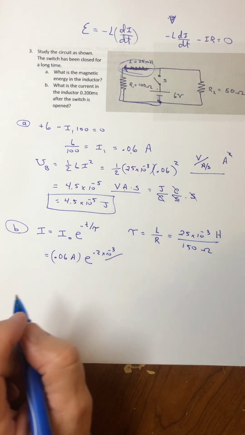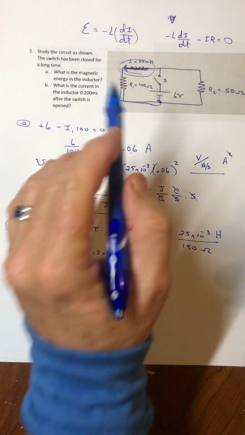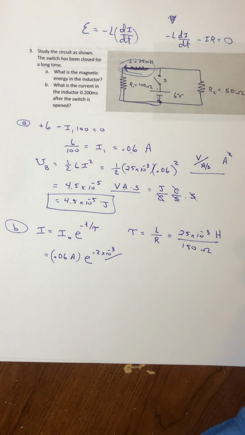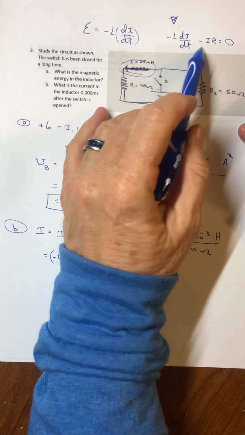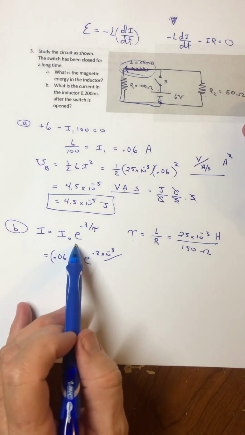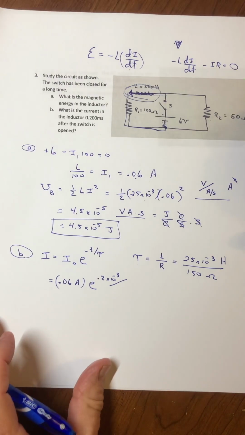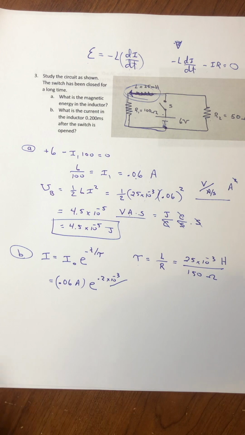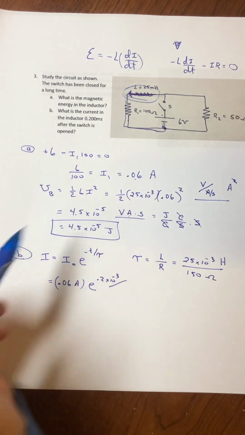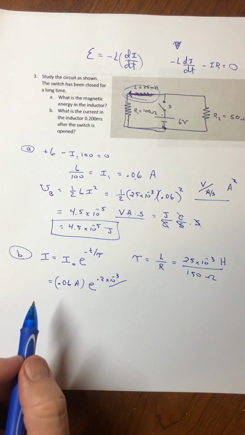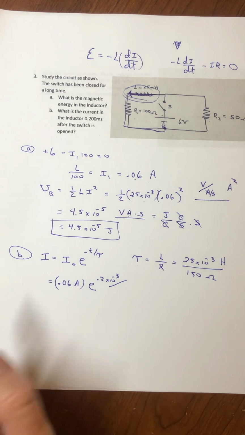And that, of course, 150 ohms we got by adding two resistors in series. And thinking of it as one, this is why this equation that we derived for de-energizing an inductor would be valid, because once we think of those two as one, we just have one resistor and one inductor, and that's exactly that relationship.